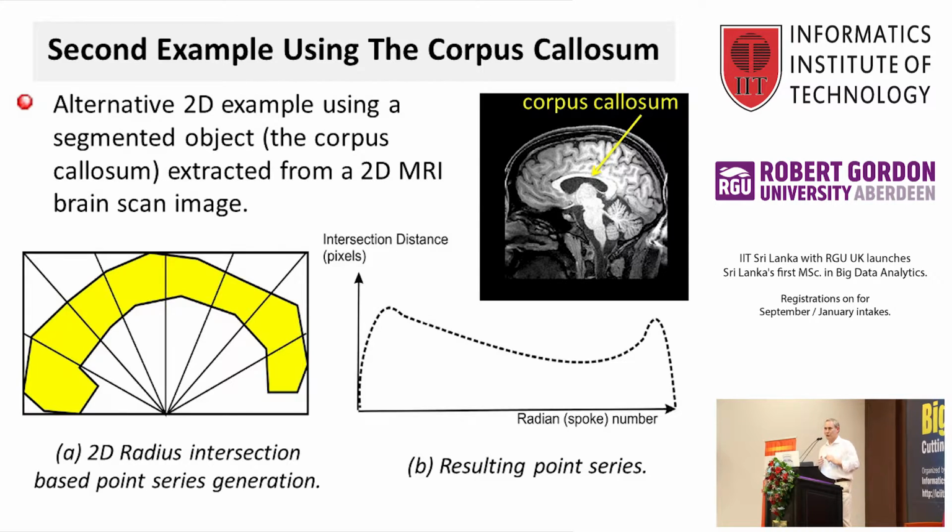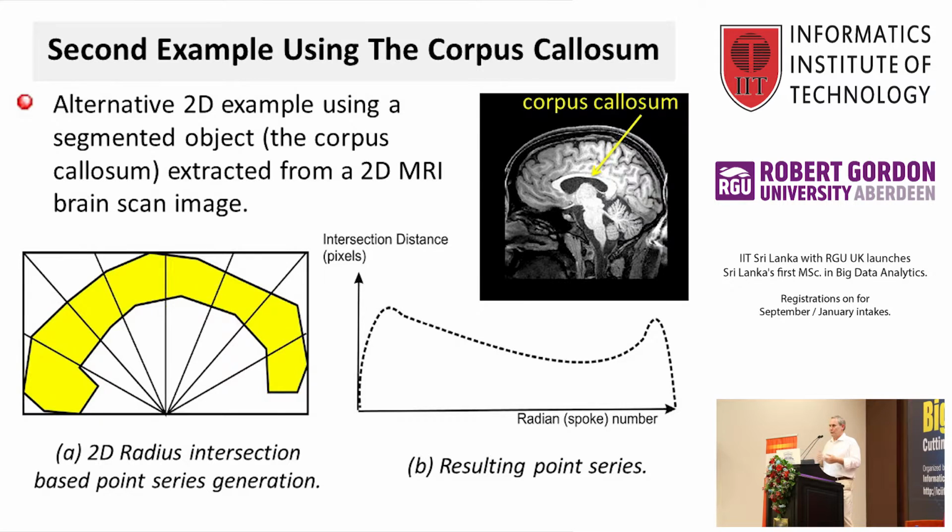In the image on the right-hand side there, we have a dark blob in the middle there, surrounding the corpus callosum, and again, we can generate point series from that. This is 2D, by taking spokes out from a point and producing a curve, and that works well. There's the corpus callosum.